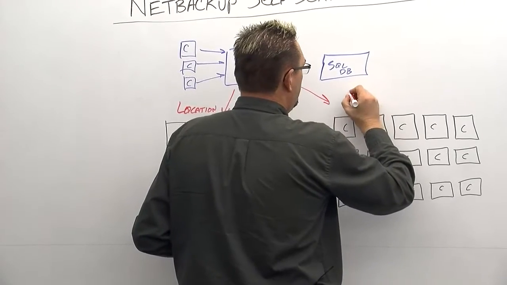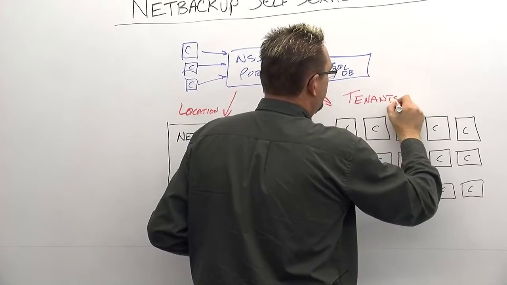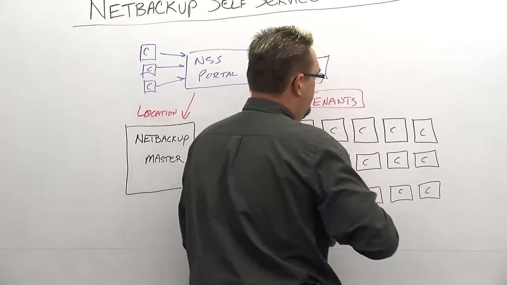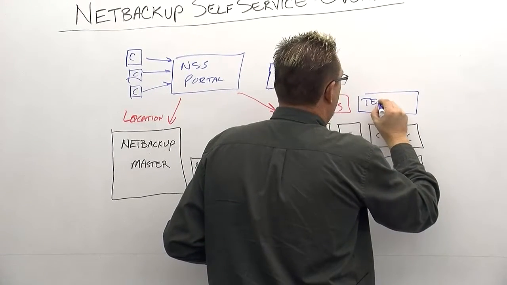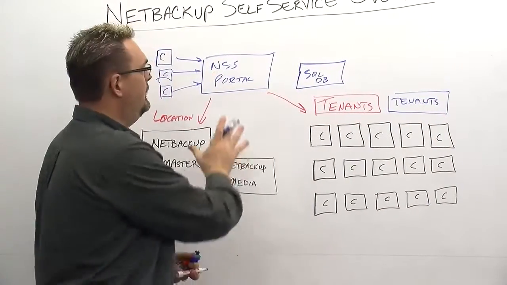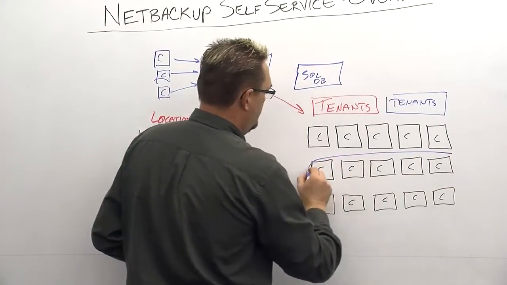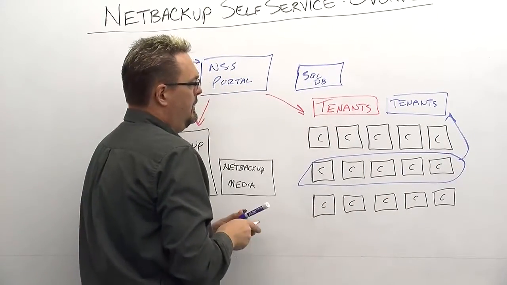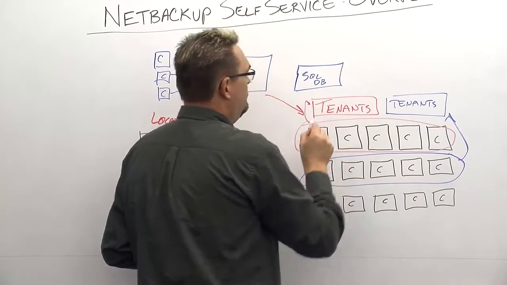Then we're going to create what is called tenants. Tenants are just simply customers. And so in this case, I'll tell you what, I'll draw two different boxes of tenants. And the tenants are going to have these clients, these NetBackup clients, added to them, again, by the administrator. So we're going to say these clients are only able to be seen by this tenant, and these clients are only able to be seen by this tenant.